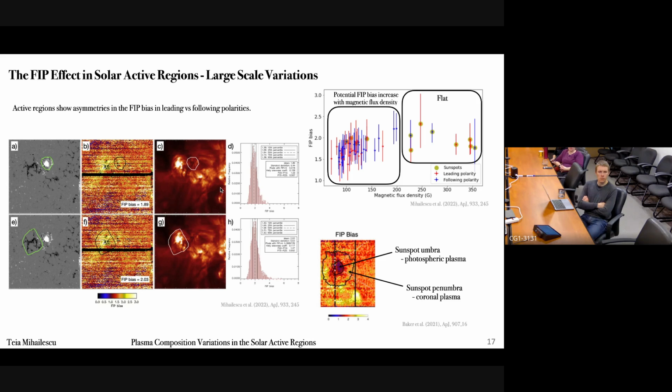So what that essentially means is that we end up with the leading polarity having a higher flux density than the following polarity. And we also found that the leading polarity has a lower FIP bias than the following polarity. So it is probably this difference in magnetic flux density that also leads to the imbalance in the FIP bias values that we see.